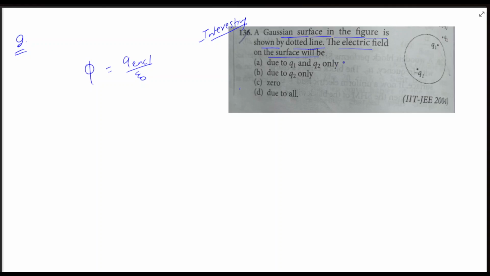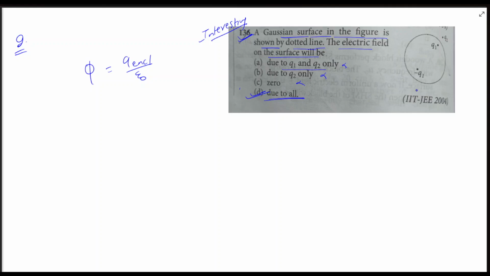Okay. So electric field on the surface will be due to Q1, Q2 only. Wrong. So it will be due to all. Okay. So if you try to find out, it will not be zero. Right. So it will be due to all the charges inside as well as outside.